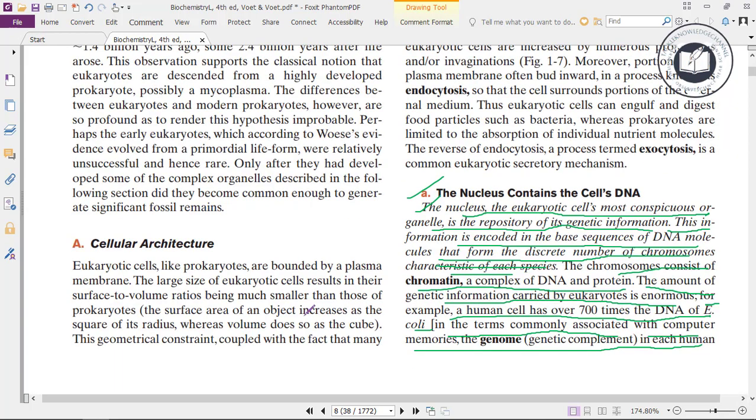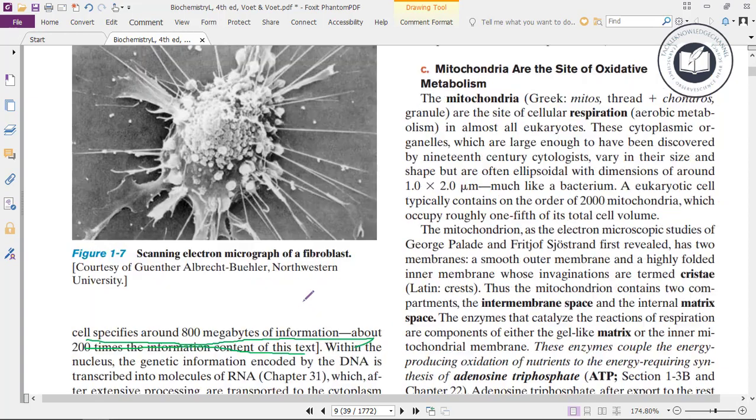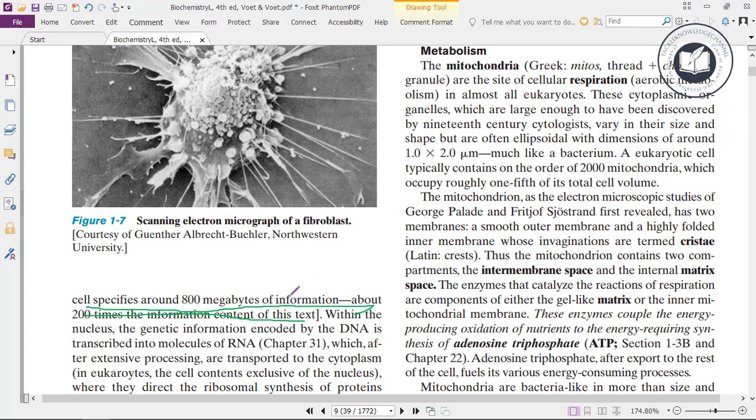So the genome in each human cell is specifying around 800 megabytes, and this is around 200 times more than the content. Okay, within the nucleus, the genetic information encoded by the DNA is transcribed into molecules of RNA.